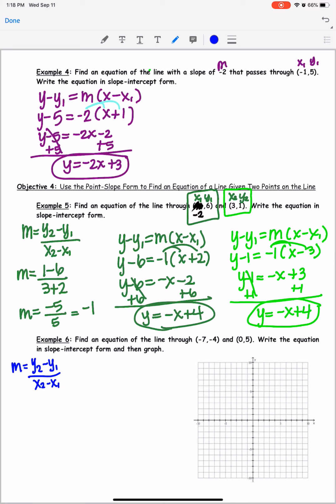Okay, make sure those y's are on top. That's the biggest mistake with that slope formula. Y on top, x on bottom. So label your points. This is your x1, y1, x2, y2. So y2 minus y1 is 5 minus a -4, minus a negative becomes a +4.